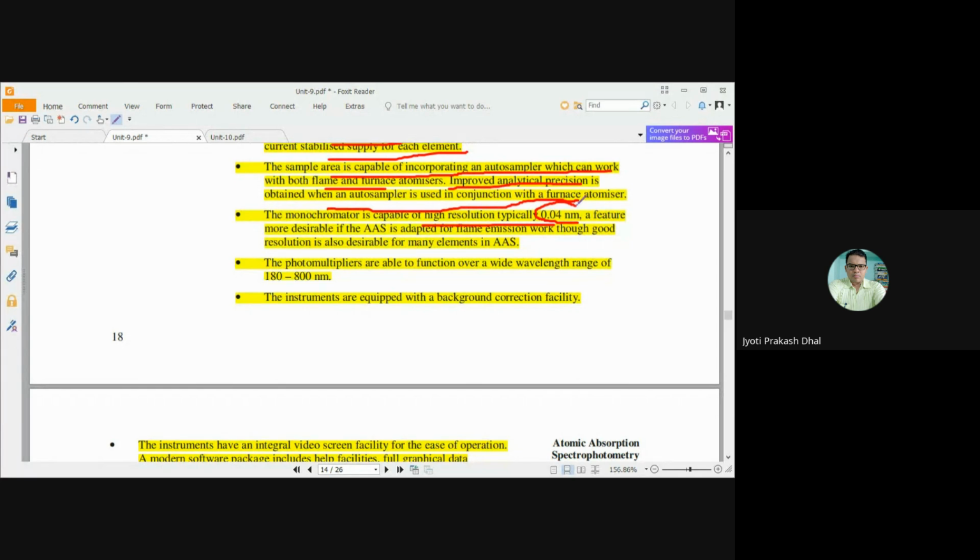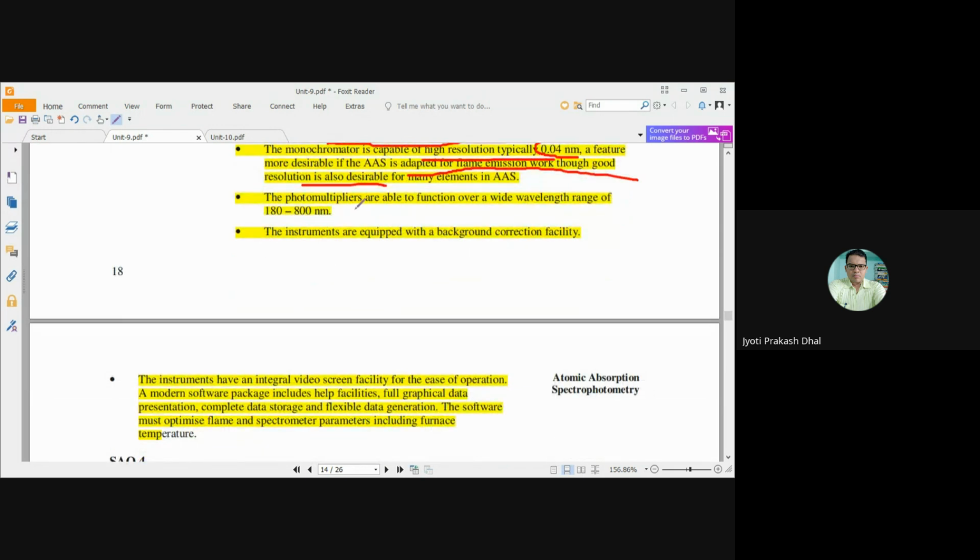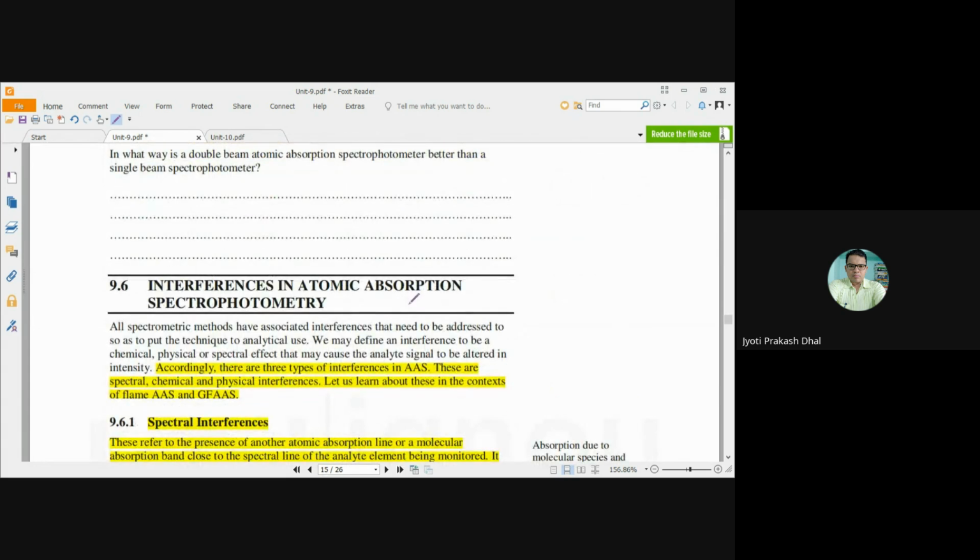That is a feature more desirable if AAS is adapted for flame emission work, though good resolution is also desirable for many AAS. The photomultipliers are able to function over a wide wavelength range, around 180 to 800 nanometer. The instruments are equipped with a background correction facility also.